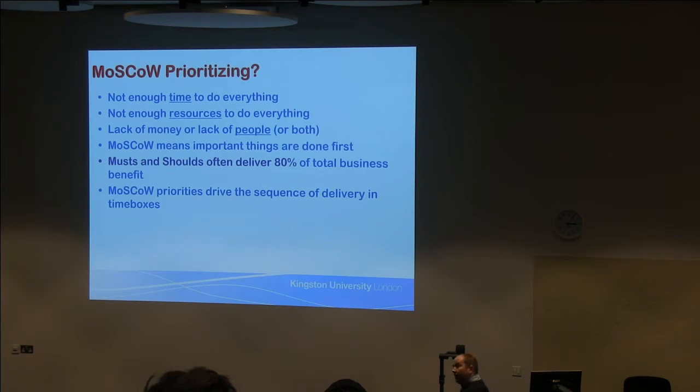So that's why the general rule of thumb is that the musts and the shoulds in your MoSCoW prioritisation add up to 80% of the stuff to do, the time to be allocated to the project. Okay? And in that way, if you don't get to the coulds, you could argue the system is still good enough.